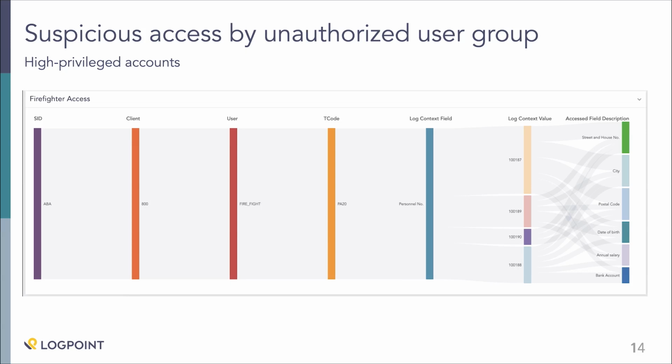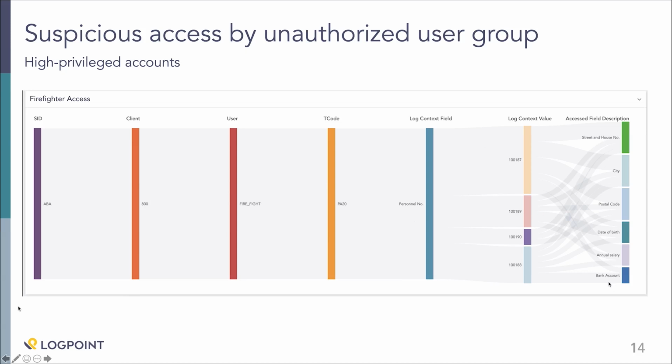In the diagram, starting from the left-hand side, on a certain SAP system ID in a certain SAP client, a user called Firefight accessed transaction P820 to finally access multiple records of personnel numbers and their details.